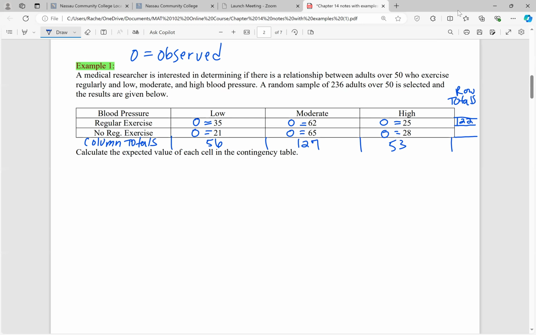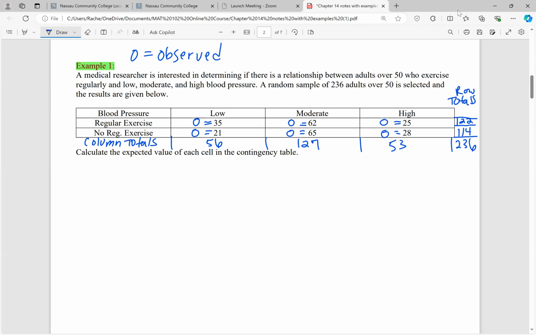And if I were to add across the people that don't regularly exercise, so if I were to add up the second row, we would get 114. And when you add up all the column totals and all the row totals, we should get 236. You could always pause and check that yourself with your calculator. Okay, so all I did was add the row totals and the column totals and the total, which is 236, which makes sense because that's what we started with.